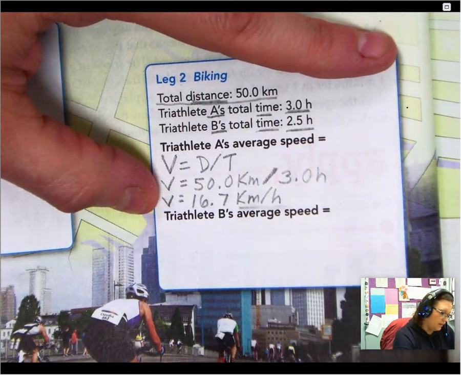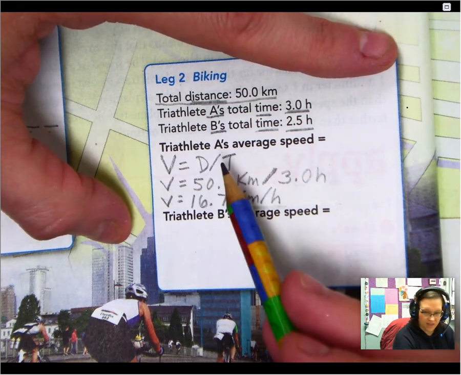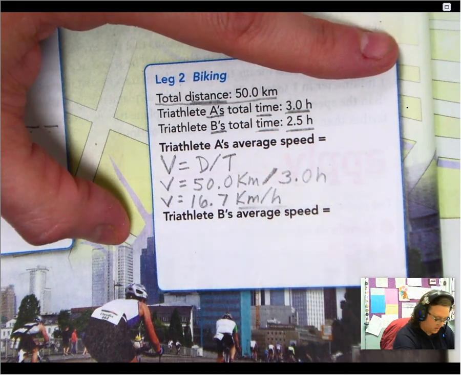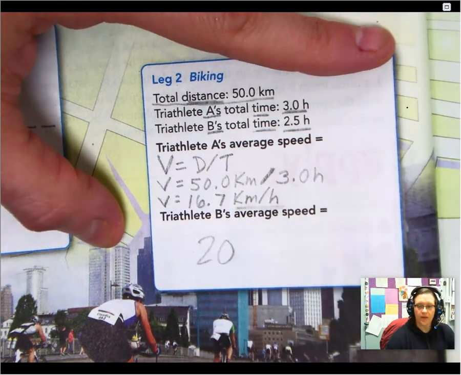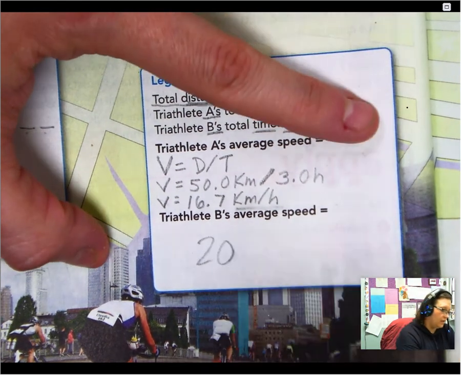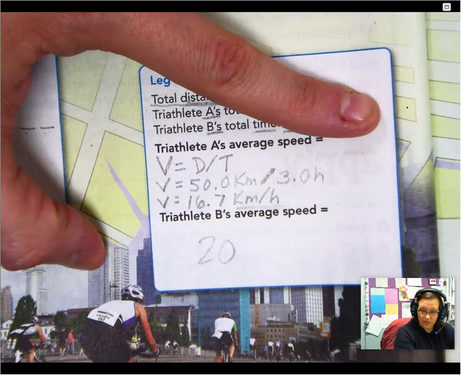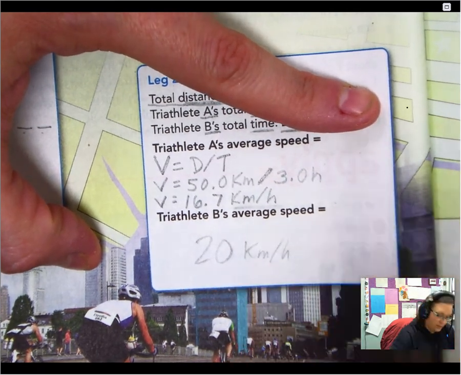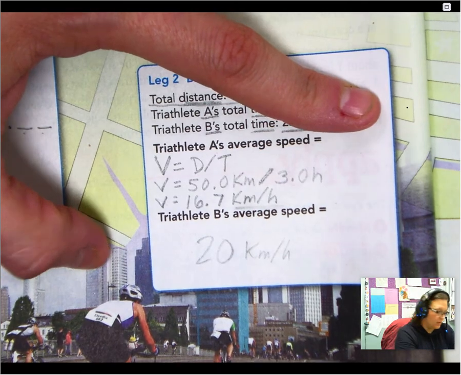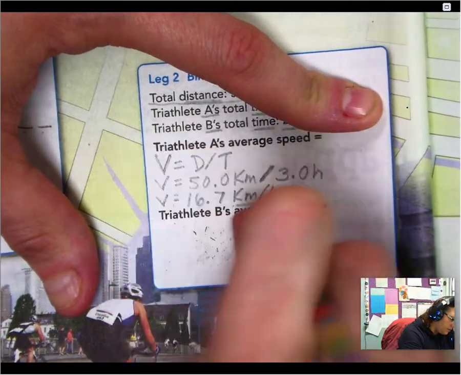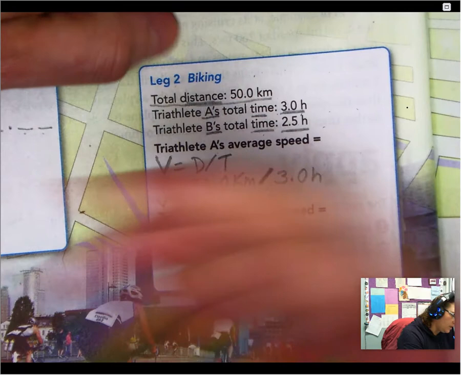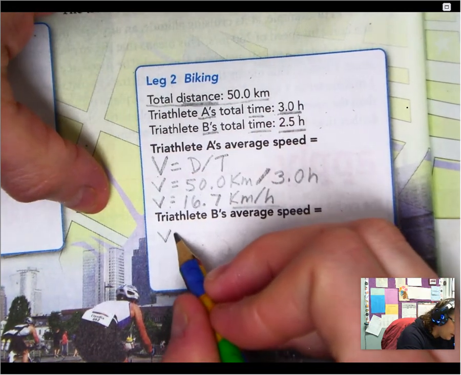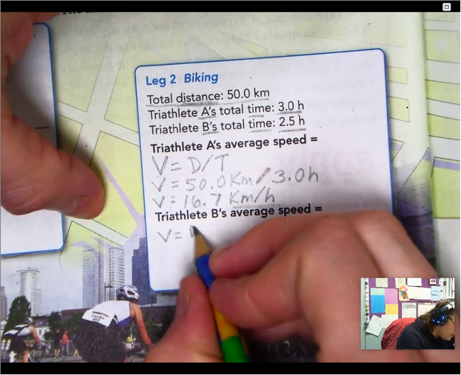Triathlete B, if you were to just say, oh, well, I get it, I don't need to show my work, and you just put like 20 here, that would be wrong. Okay. It doesn't have labels, and I don't know where you got it from. Okay, fine, Mrs. Birch. There's my label. Nope. You need to have all 3 levels to show your work. Since I'm letting you guys use a calculator, this is how you show your work.